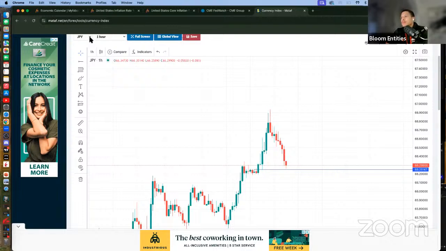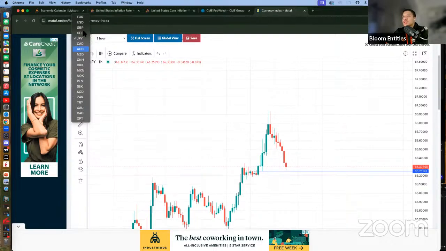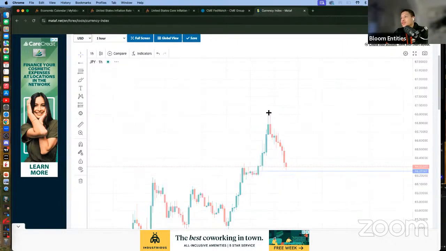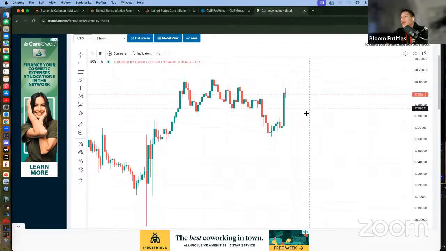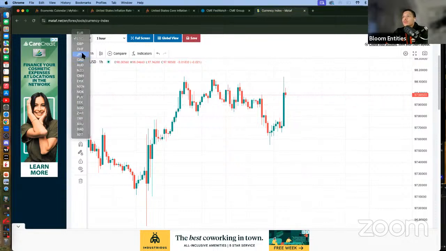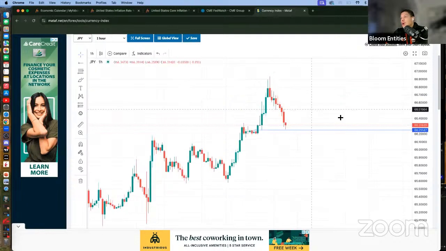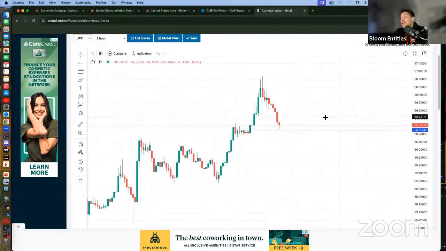We could switch this over and just view USD as well. But I kind of already have something on USD, so I don't need to be watching USD. I want to know the strength that JPY has, and then I can use that to understand how it's going to affect our dollar chart.